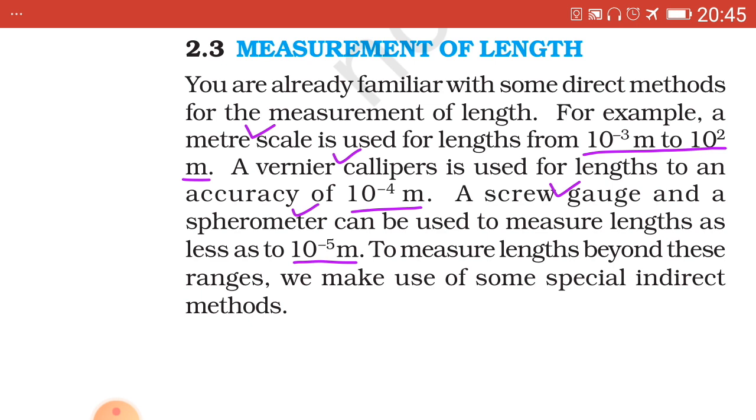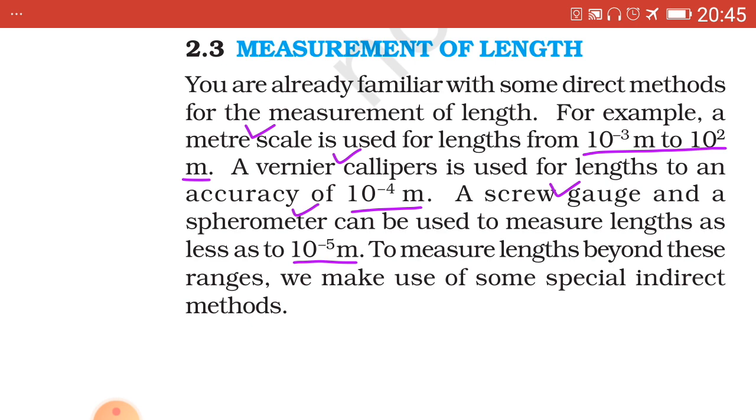So you can draw a line either of 2.3 centimeter or 2.4 centimeter, but not in between that. You can draw only up to 1 decimal. Hence we can say that the smallest measurement the scale can measure is 0.1 centimeter, which is called its least count, LC.